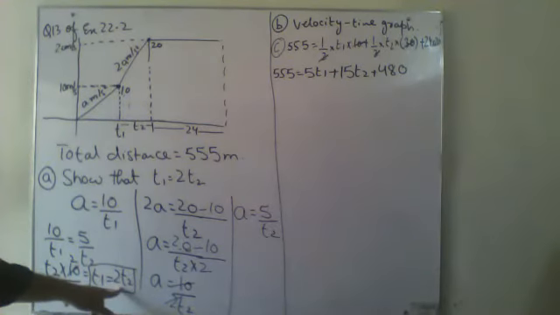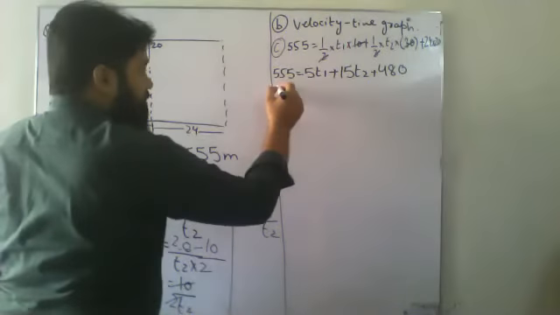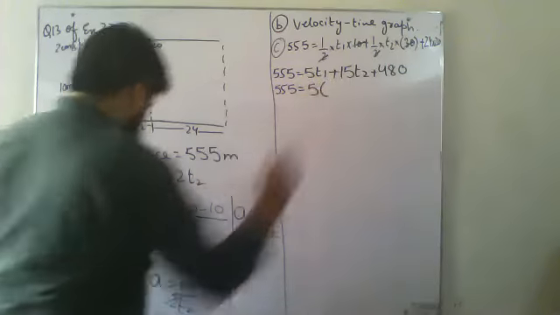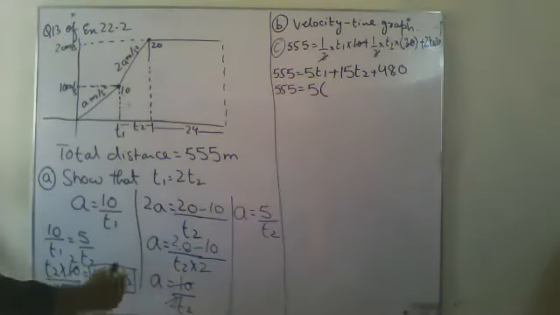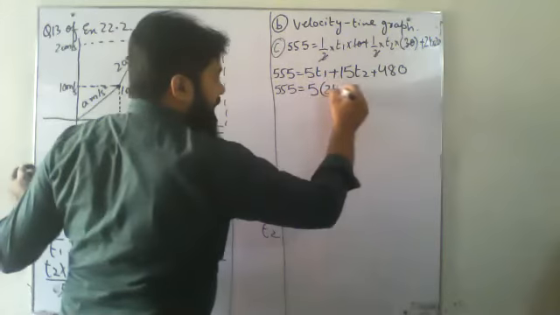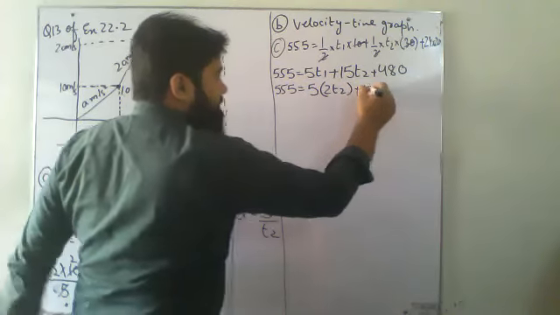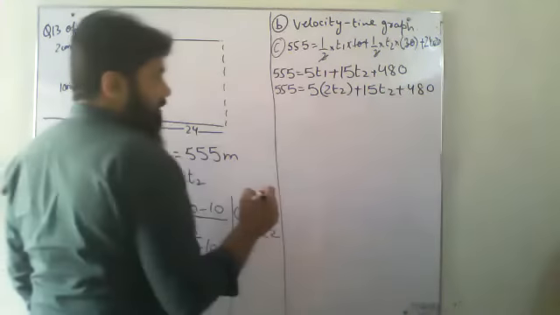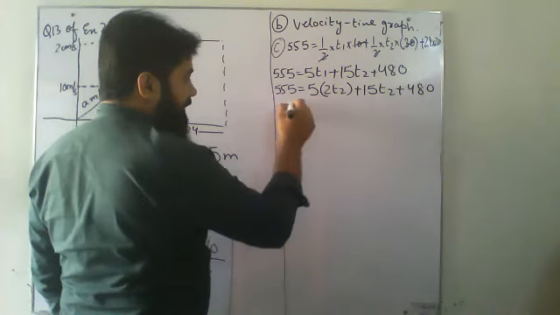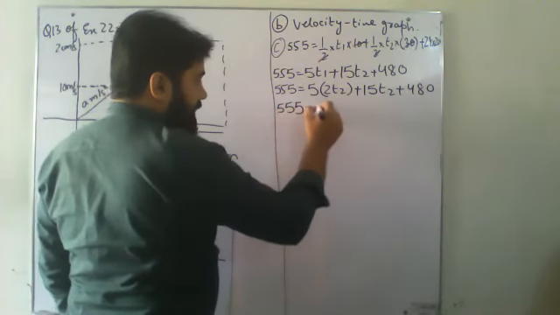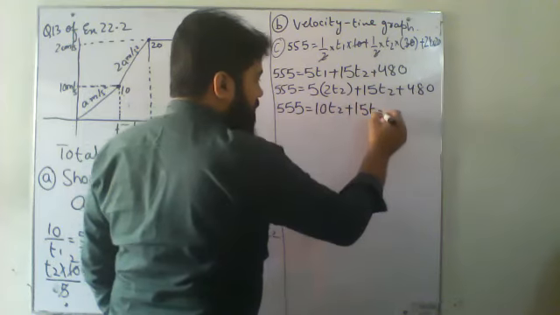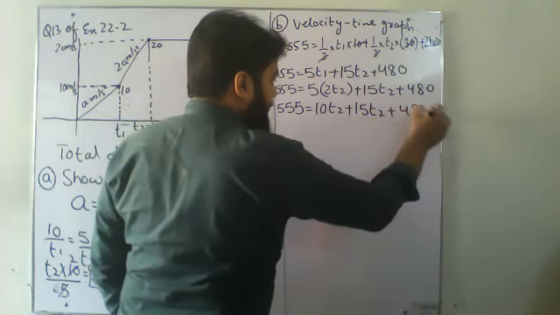Okay. Now after that I have got T1 equals to 2T2. So if I put it over here, 555 equals to 5 times, instead of T1, I will be writing 2T2, plus 15T2 plus 480. Okay. So 555 equals 10T2 plus 15T2 plus 480.